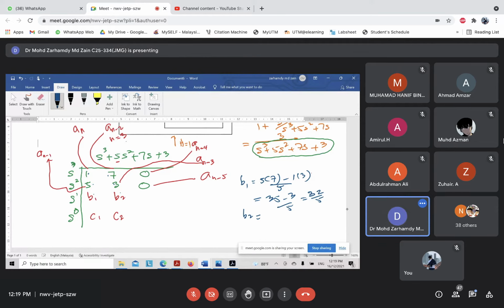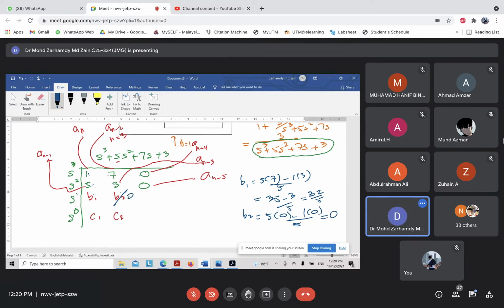For B2, 5 multiplied by 0 minus 1 multiplied by 0 over 5, so we have 0.